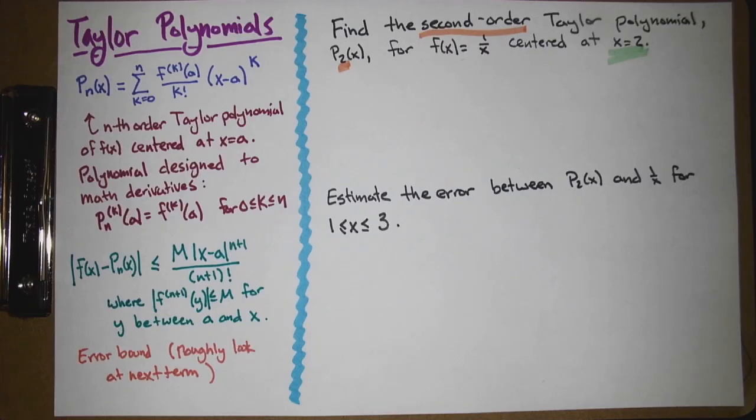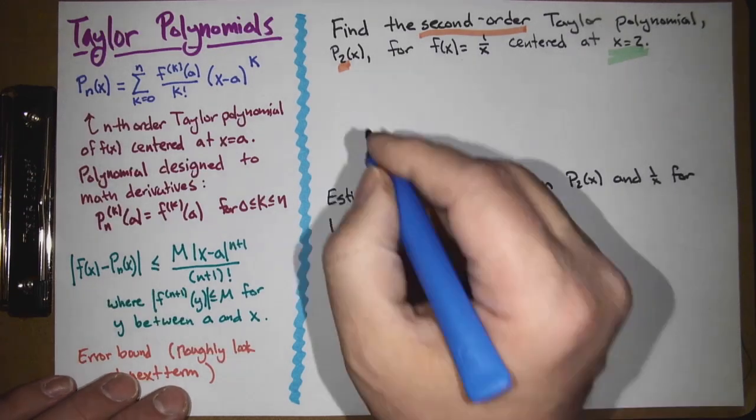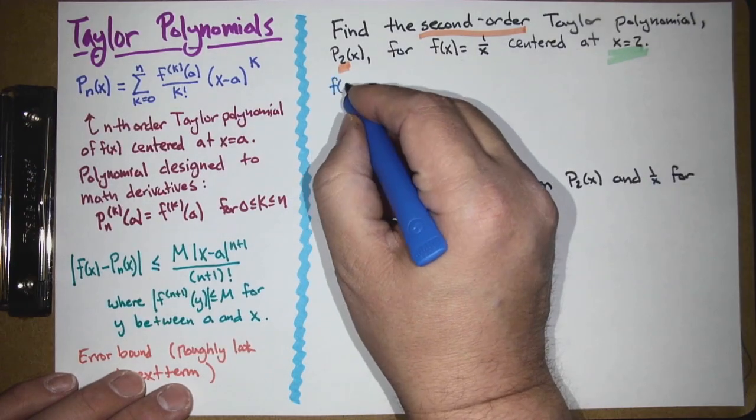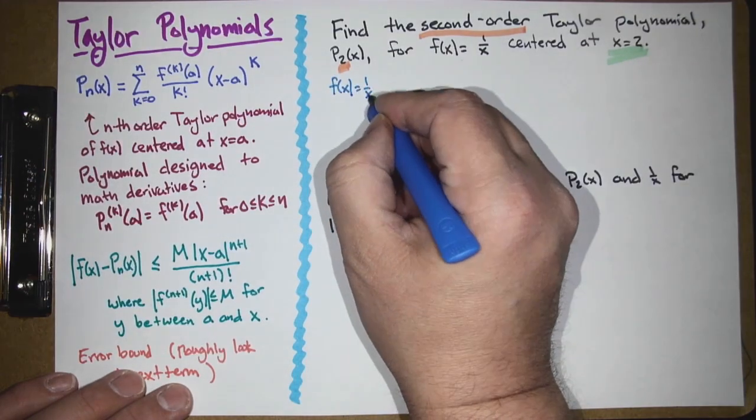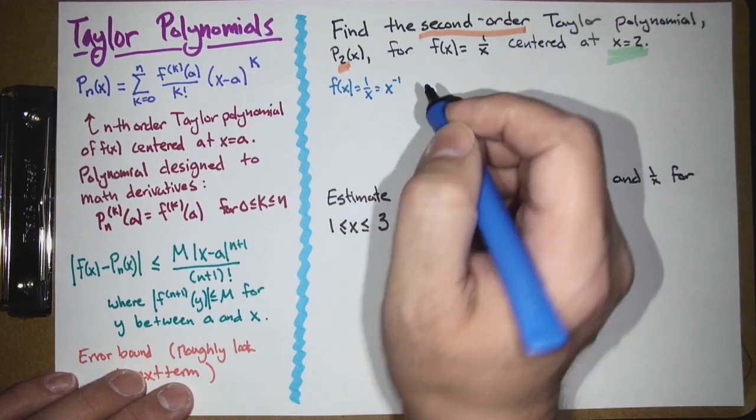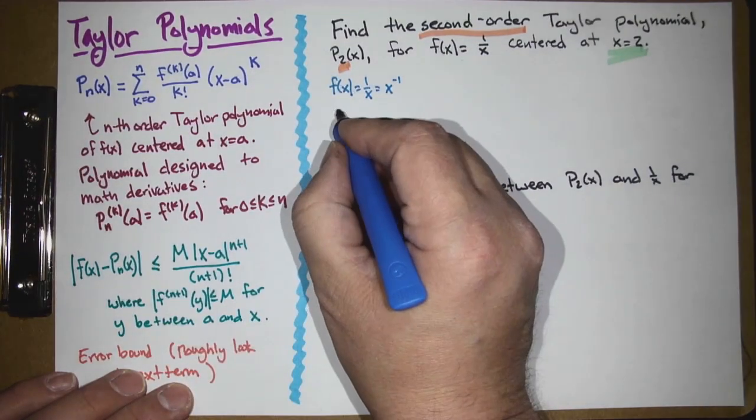Or how far do we have to go into the derivatives, if you will? 2, right? Second order, the order says how many derivatives you're matching. Okay, so we have our function, f of x, 1 over x, which, by the way, is the same as x to the negative 1.